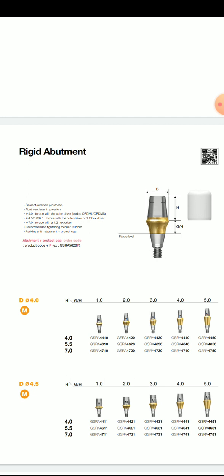If we are using a rigid abutment, then we have to take an abutment level impression. Now we know that an impression in implant can be either an abutment level impression or a fixture level impression. So if we are using a rigid abutment, then we have to do an abutment level impression only.